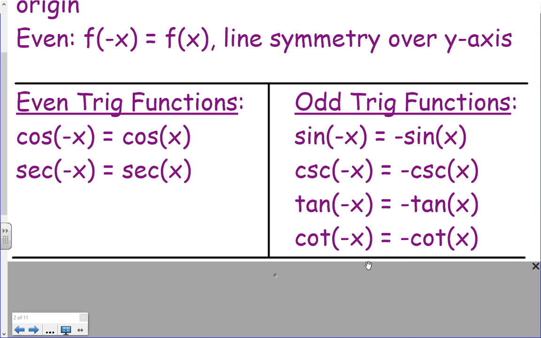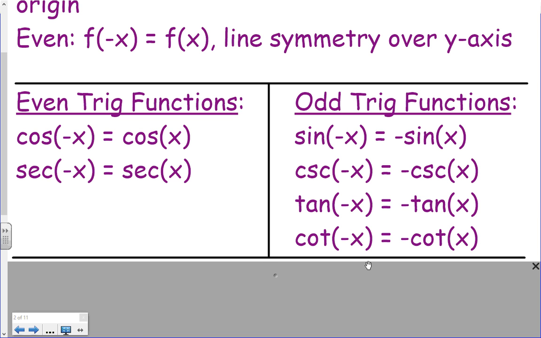It's an even function. On the other hand, we have 4 odd trig functions. The first one there is that the sine of the opposite of x is equal to the opposite of the sine of x. And since sine is an odd function, that means its reciprocal, cosecant, is also odd, so the cosecant of the opposite of x is equal to the opposite of the cosecant of x.